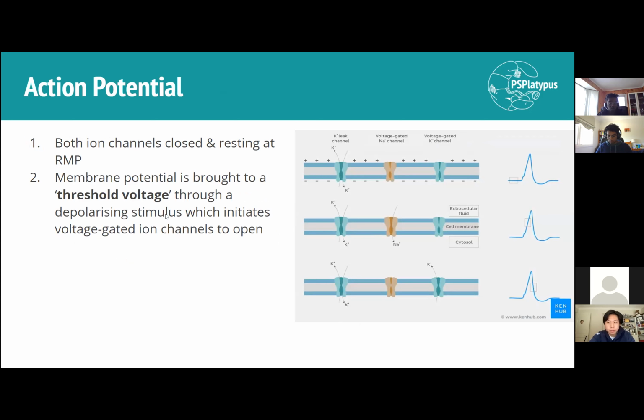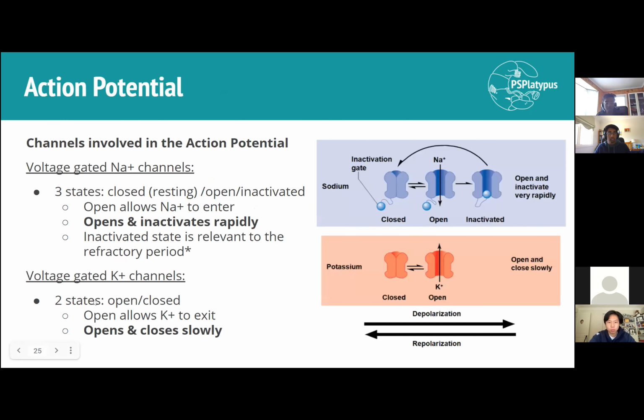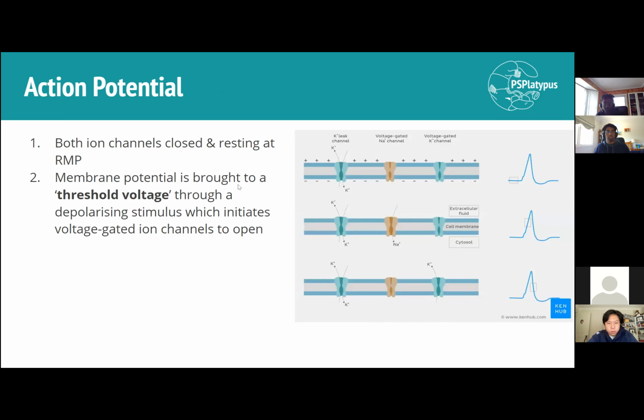Okay, so at rest, both ion channels are closed, and it's at resting membrane potential. In order for the action potential to start, you need to bring the membrane potential to a threshold voltage. Why do we need that? Because we have voltage-gated channels. This is essentially what kickstarts the process of creating an action potential, but since it's voltage-gated, it needs a particular voltage to get the process started, a threshold voltage.